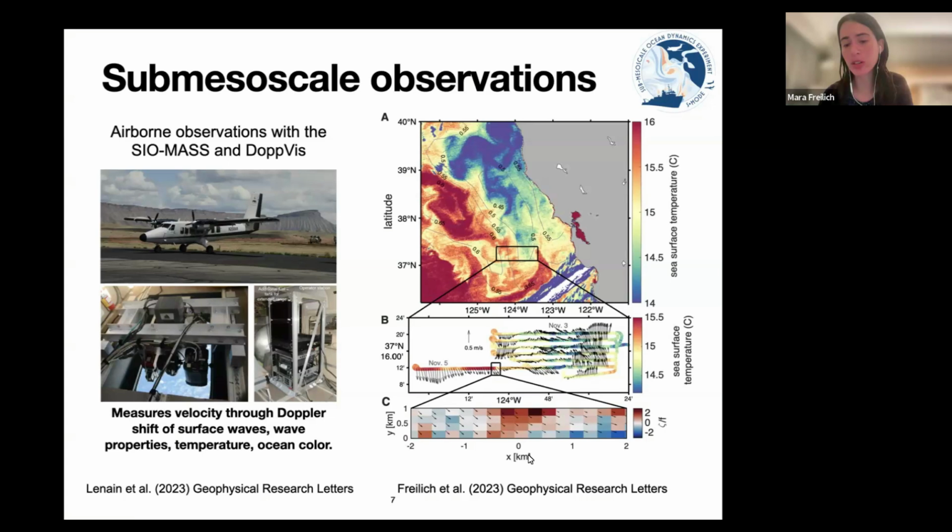And so here I'm showing just a 4-kilometer snapshot of our observations, where you can see that the relative vorticity in color here is the same order as the Coriolis parameter, suggesting that we're in a regime within submesoscale and nonlinear dynamics.